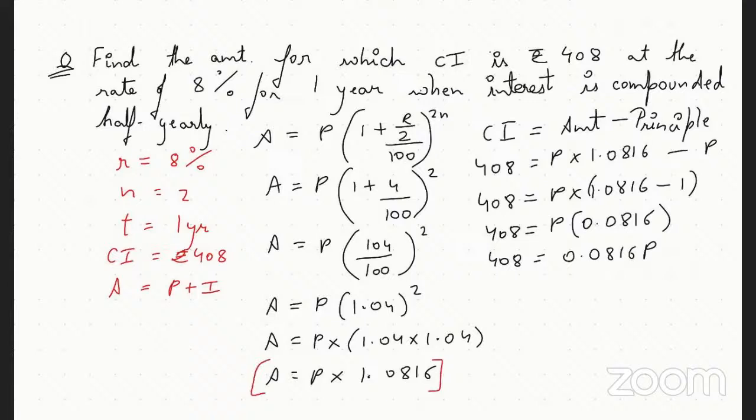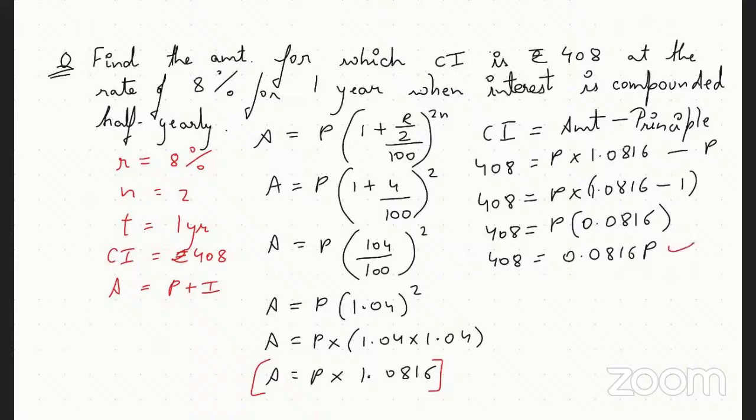Put it in the equation. That formula is P into 1.0816 then minus principal. Principal is a single variable, so its value is 1. Subtract 1 from 1.0816, you will get 0.0816. Then multiply P and 0.0816, you will get this.